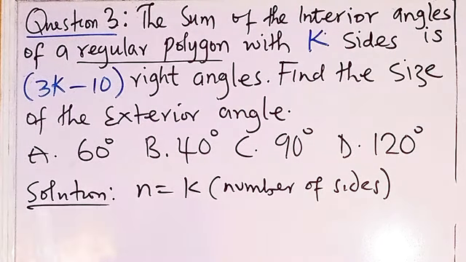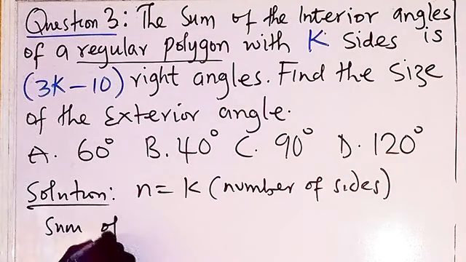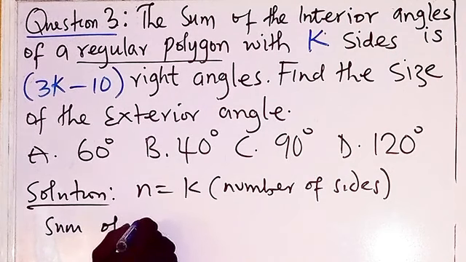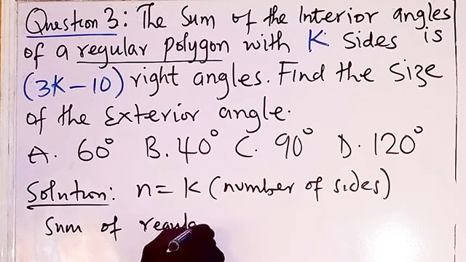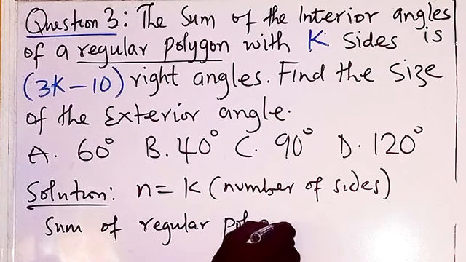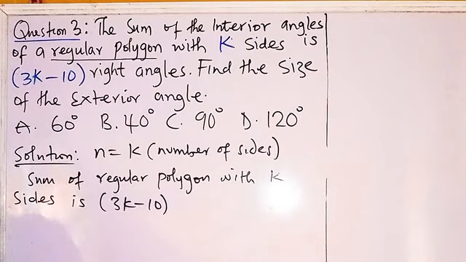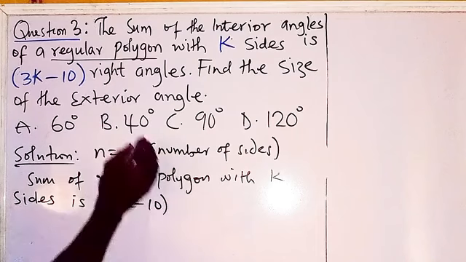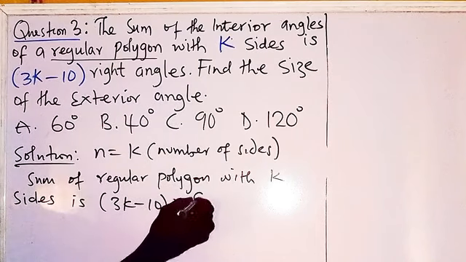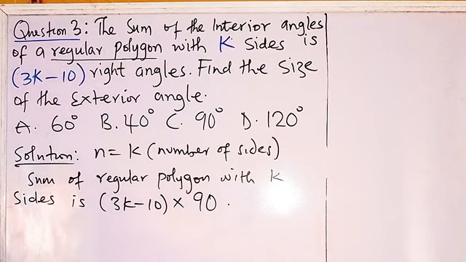So what we're going to do is that we have what we have. So we have the sum of a regular polygon with k sides is 3k minus 10 right angles. This right angle is multiplied by 90. So that is the sum. That is what they say the sum of the regular polygon with k sides is.